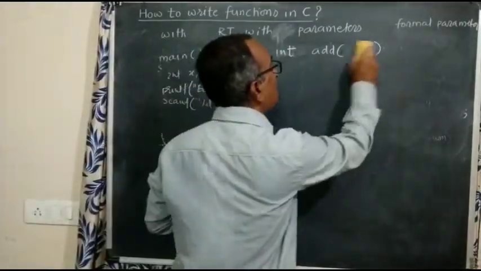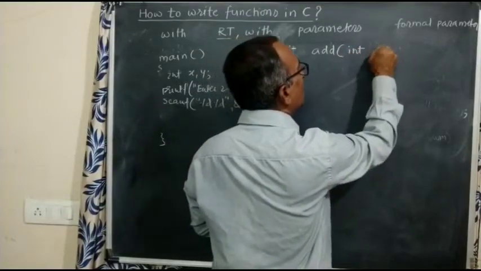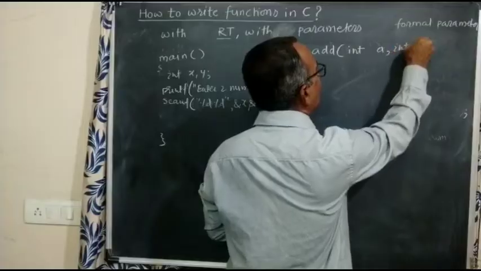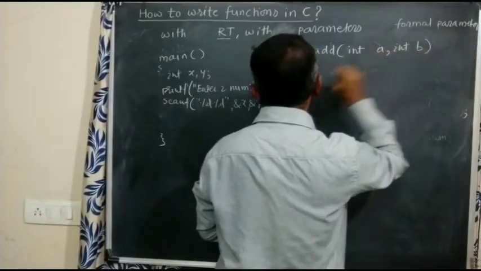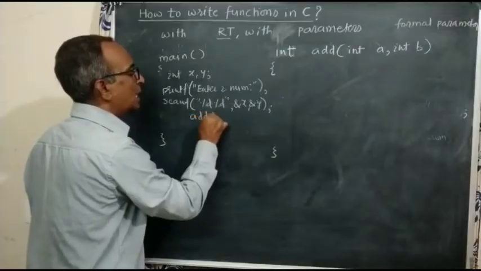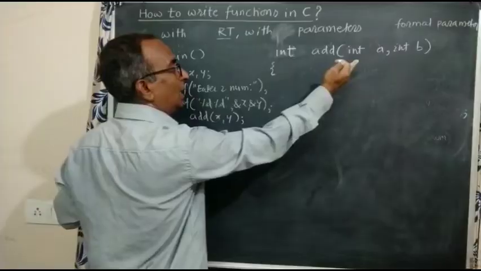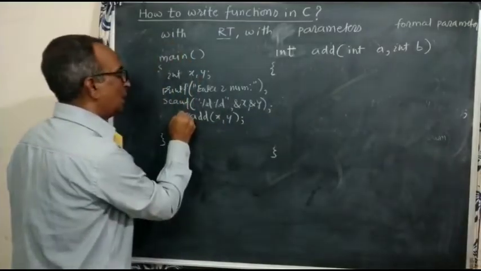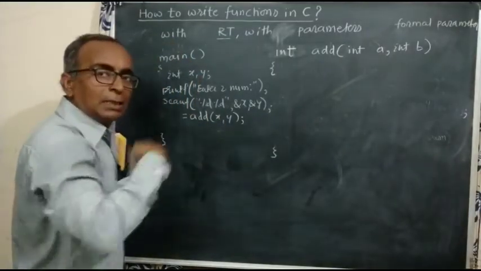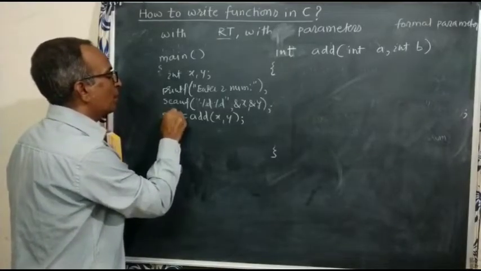When sending two numbers, two formal parameters are required, suppose integer a, integer b. What will happen in this case? The call will be made. This x, y you are sending, it will add. Then master is expecting the return value of the addition, sum.